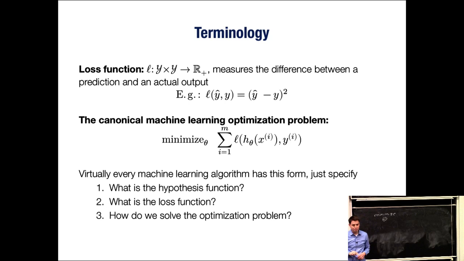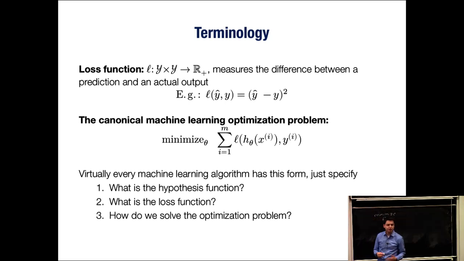That means we want to find the theta that minimizes the following quantity. This is called an optimization problem. We will talk a lot about them through the class, but we're going to introduce them as they come up, not necessarily as their own topic, though optimization is really its own topic in and of itself. So we want to minimize over theta the sum from i equals 1 to m, the sum over all our examples, of the loss between our hypothesis on that example and the actual output.